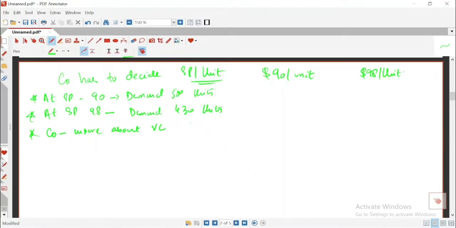Variable cost can be 40, variable cost can be 42, or it can be 43 as well. So there are 3 variable costs that can occur. The chances are that variable cost will be 40, the chances are 70%, 42 the chances are 20%, and 43 the chances are 10%.